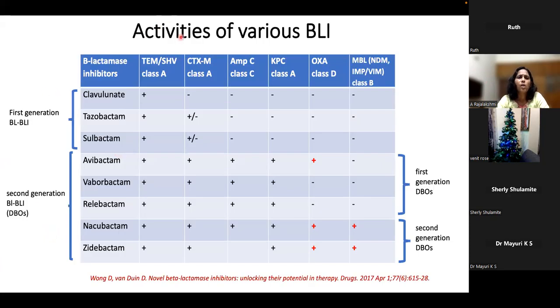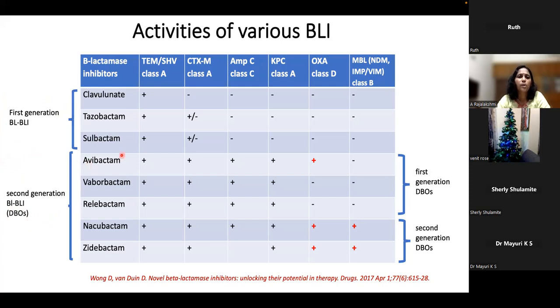So, we all know the earlier beta-lactamase inhibitors, as I said, that is clavulanate, tazobactam, and sulbactam. These are called first generation beta-lactamase inhibitors. Then we have second generation beta-lactamase inhibitors. These are called DBOs, which I'll explain in the next slide.